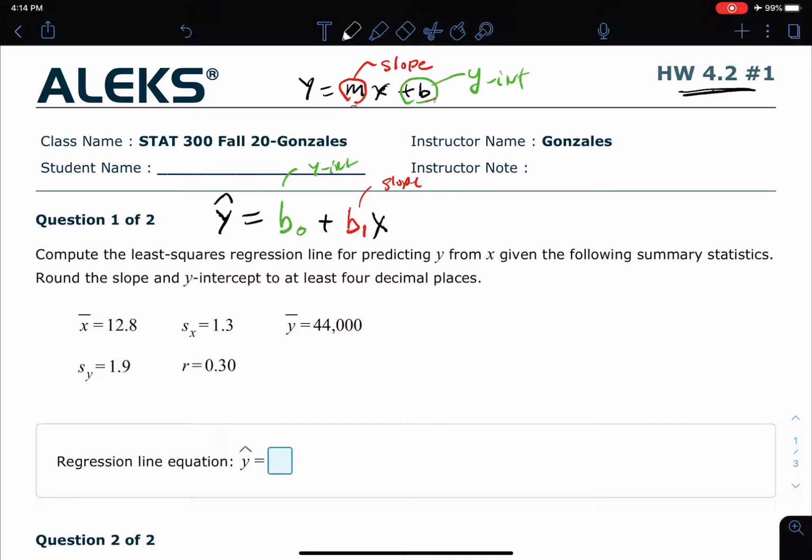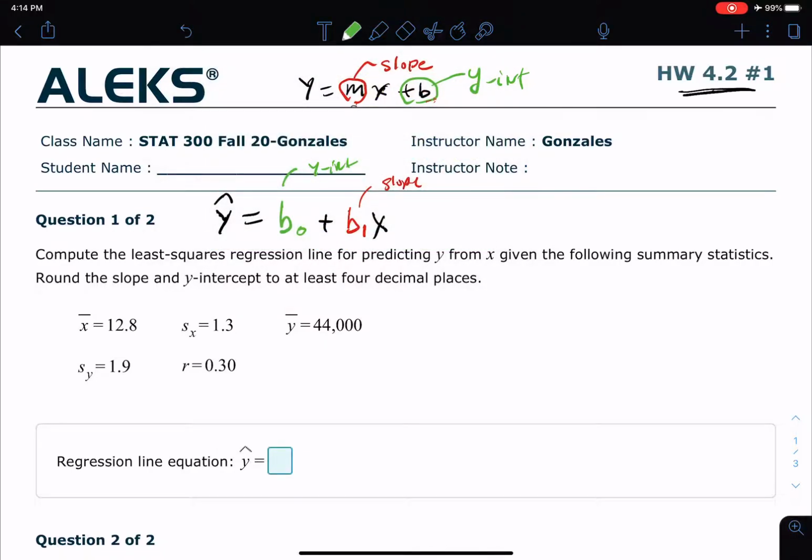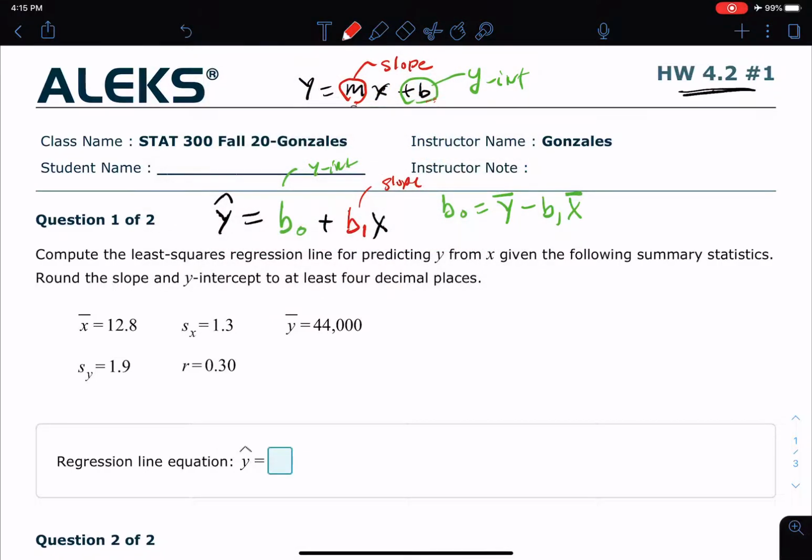You need a little bit more information, though. You still need to know how to figure out what b sub 0 is. So b sub 0 is found by taking y bar minus b sub 1 times x bar. And b sub 1 can be found by taking the r value and multiplying it by s sub y over s sub x.